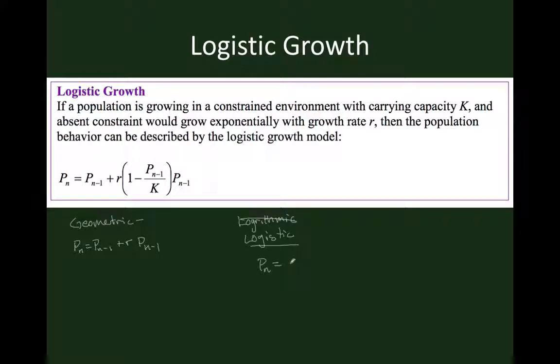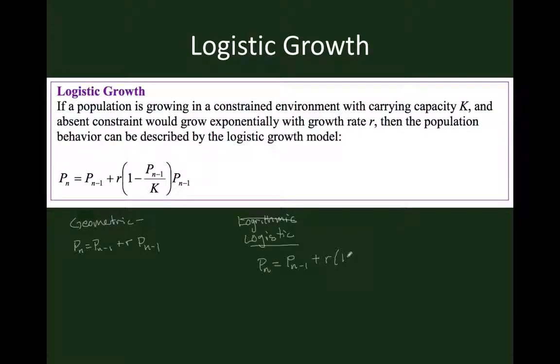We're talking about years here in our example. So we still have the population in the previous year that we're adding to, going to add to that the amount that the population increases in the next year.